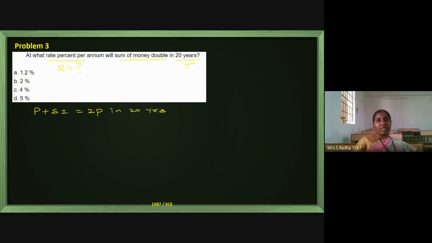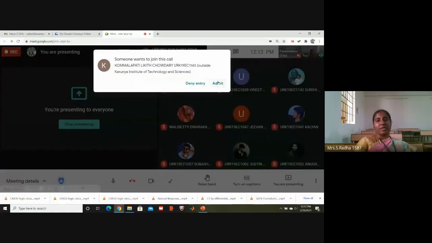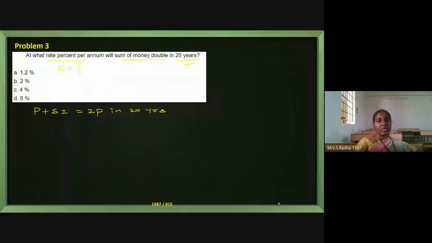Sum of money doubling in 20 years means the principal amount, otherwise known as the sum, plus the simple interest, if you add both of them, will become 2 times the principal amount. And this will happen in 20 years time. Here we have time equal to 20 years, and the R value is to be calculated.